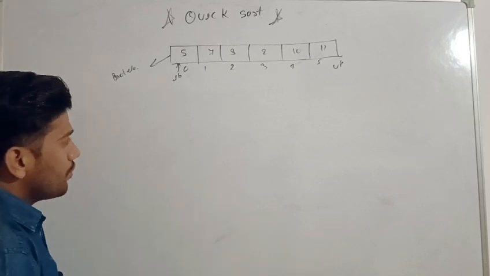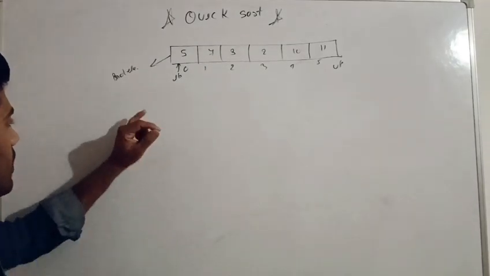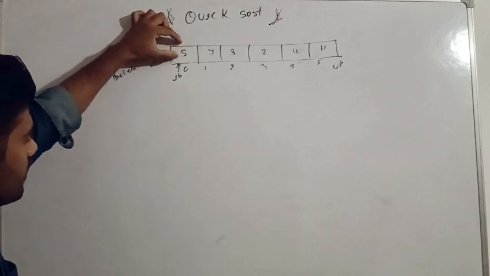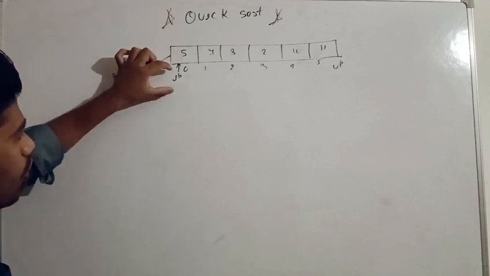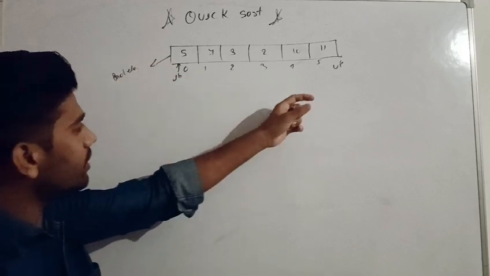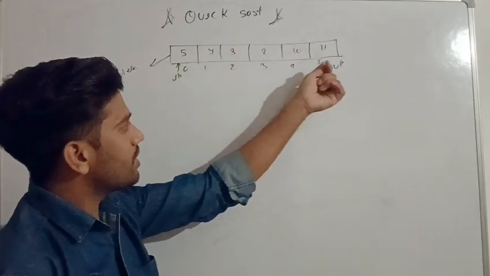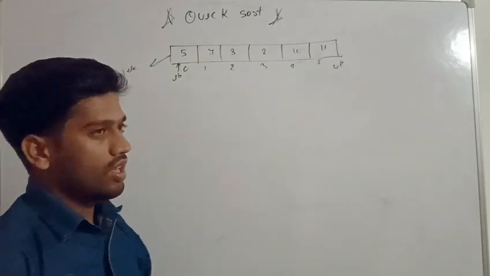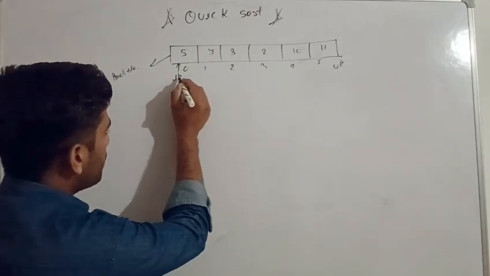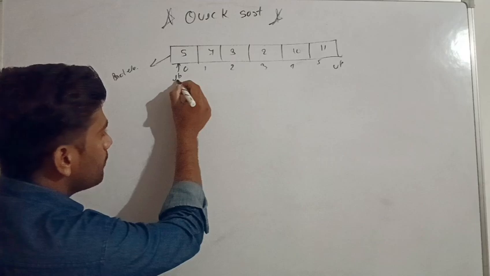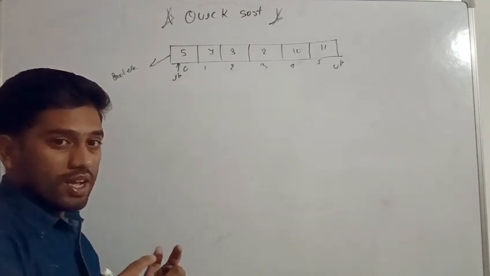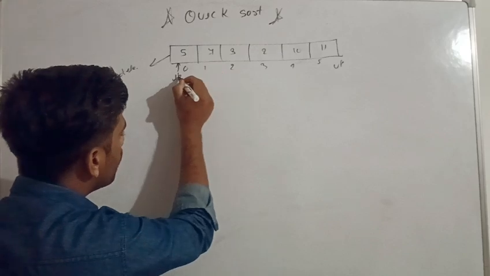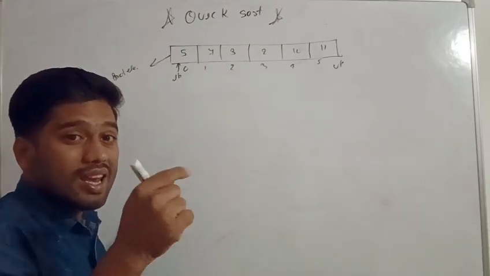Now we will compare the pivot element with the lower bound element, and also compare the pivot element with the upper bound element. When comparing with the lower bound, we make sure the element is less than or equal to the pivot.